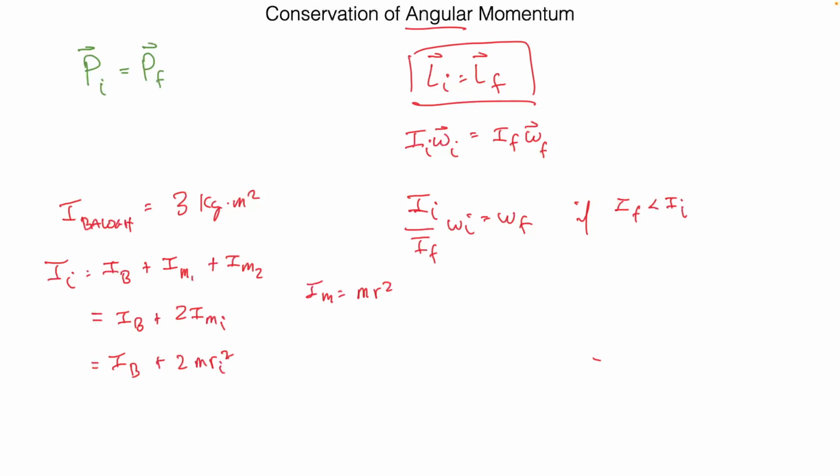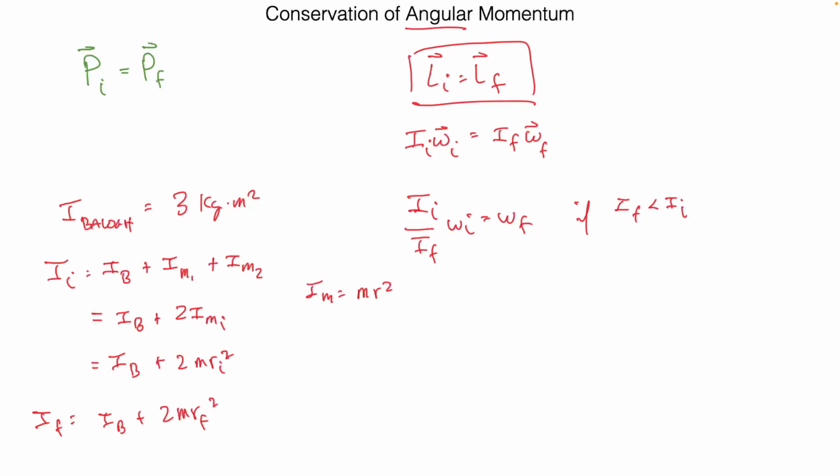Again, where does the 2 come from in the front of that thing? There are 2 masses at exactly the same radius. We'll assume Mr. Balogh's arms are symmetrical in their length. And then the final moment of inertia is going to be exactly the same thing, only a different radius.